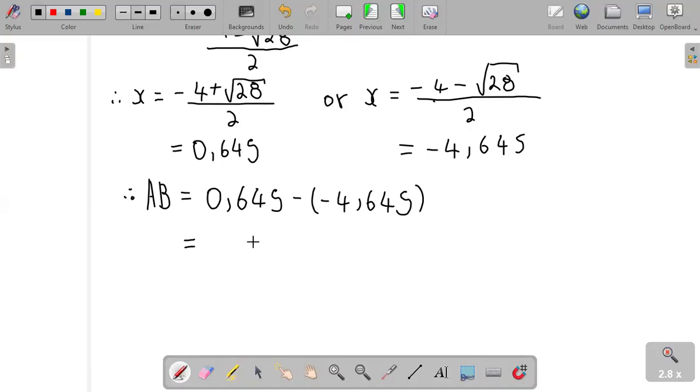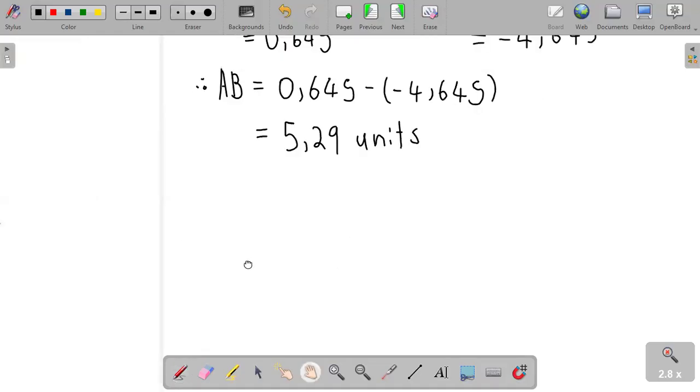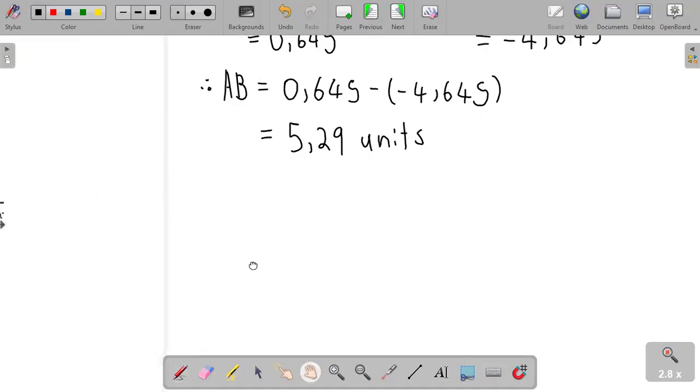You use a calculator. Gives me 5.29 units.